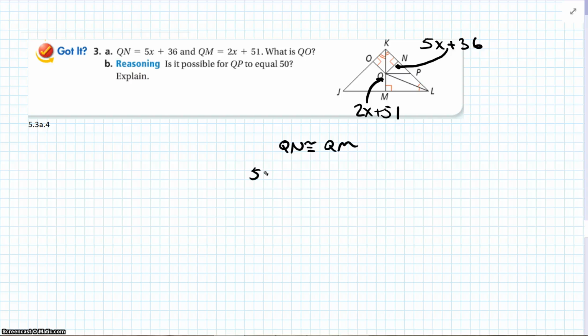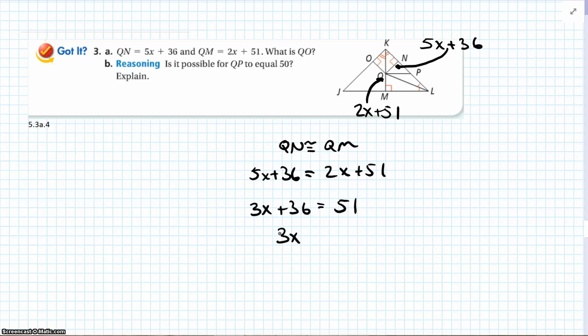So we can say 5x plus 36 is equal to 2x plus 51. So we're going to subtract 2x from each side. So I'm going to get 3x plus 36 equals 51. Subtract 36 from each side, so I'm going to get 3x equals 15. Divide each side by 3, x equals 5.